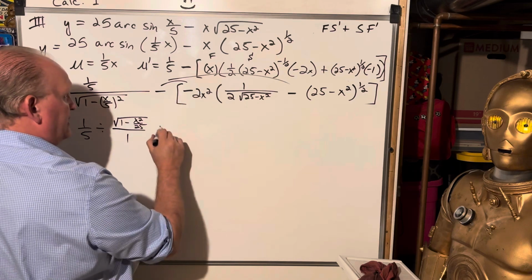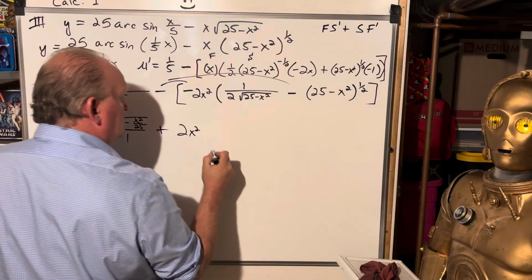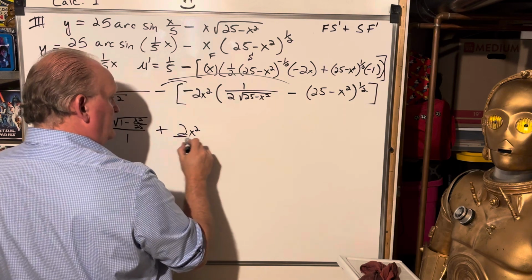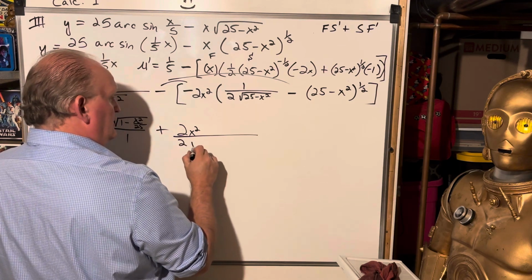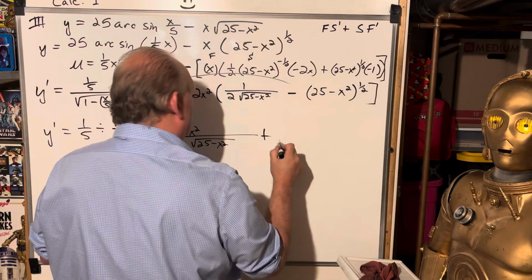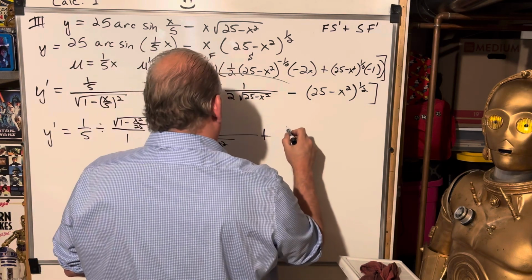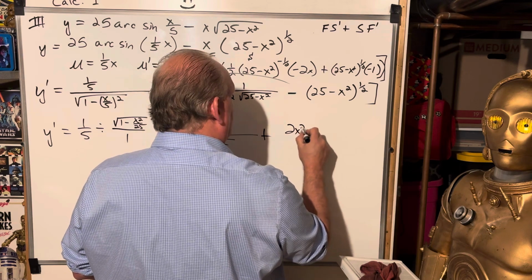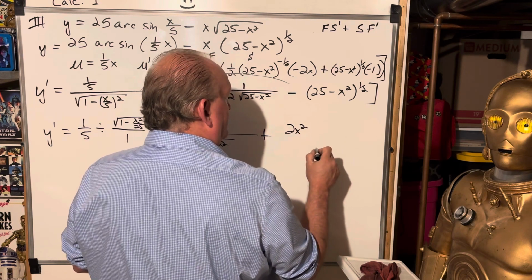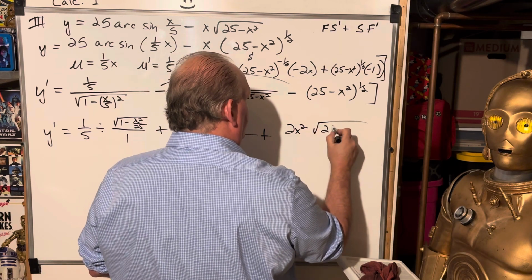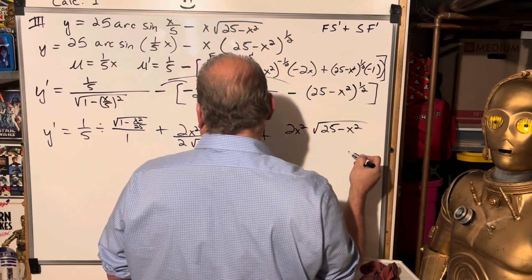And then plus 2x squared over 2 square roots of 25 minus x squared, and then plus 2x squared times the square root of 25 minus x squared.